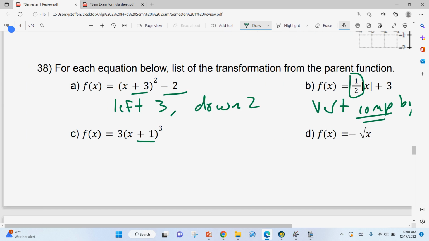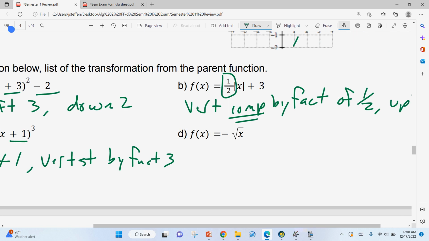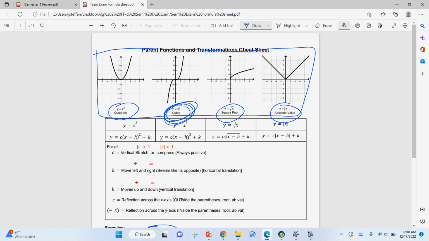This one is left 1 and a vertical stretch by a factor of 3. This one, and again, if you look, I forgot that these are all in here. If this helps you at all, you can use that.